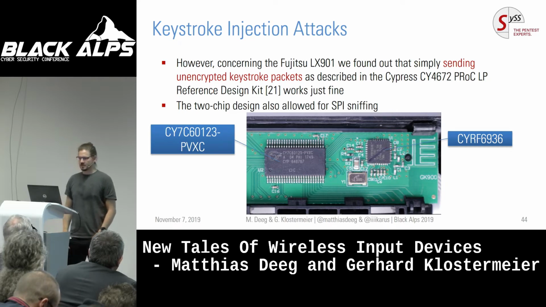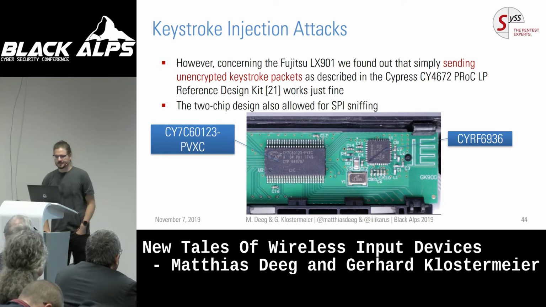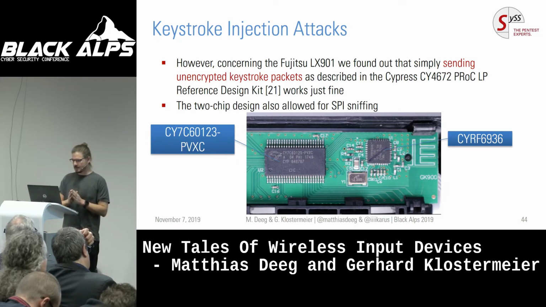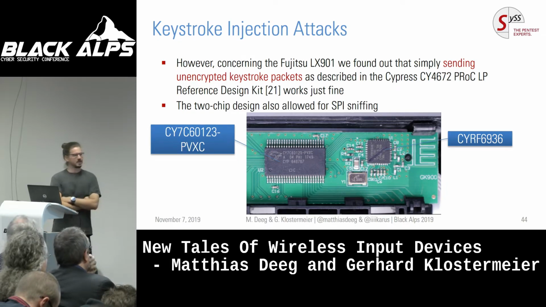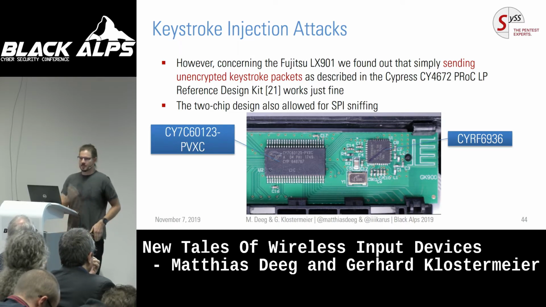There was a software development kit especially for that chip series. Within the chip series, there was example code showing how you can build a basic keyboard. Of course, it's just example code, an unencrypted keyboard, but you can use that.